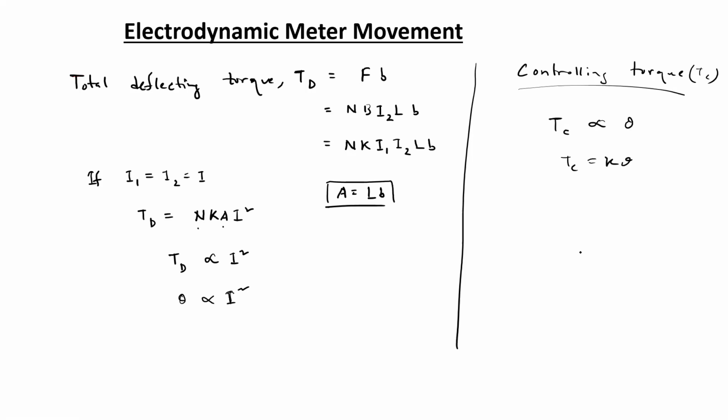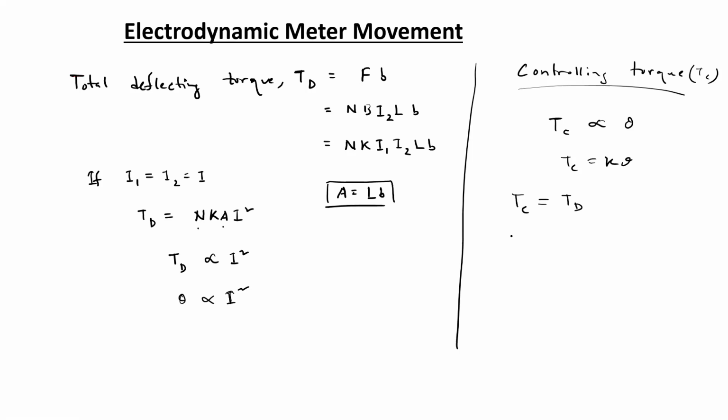Now, at equilibrium, it can be considered that the controlling torque is equal to the deflecting torque. Here, for simplicity, we are just considering the controlling torque as providing the necessary torque to bring the pointer back to the initial position.